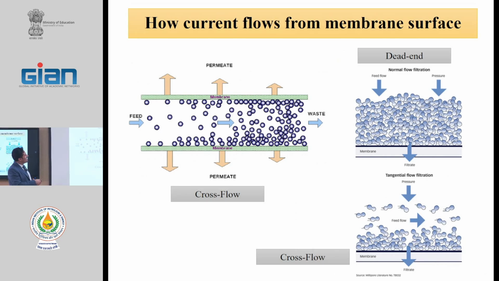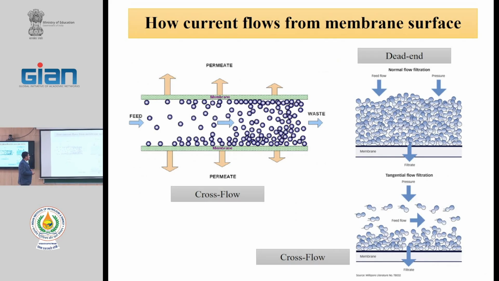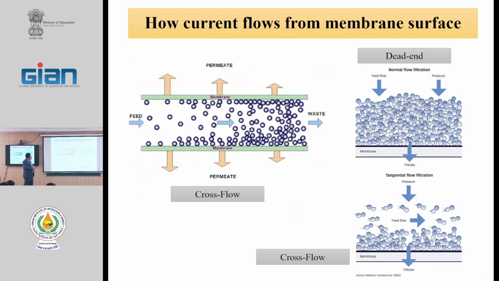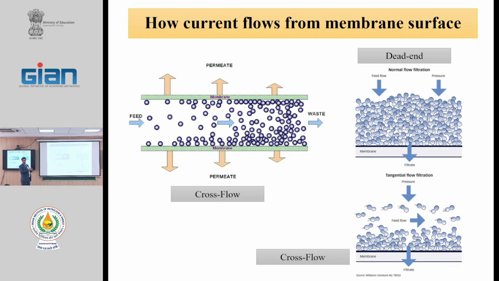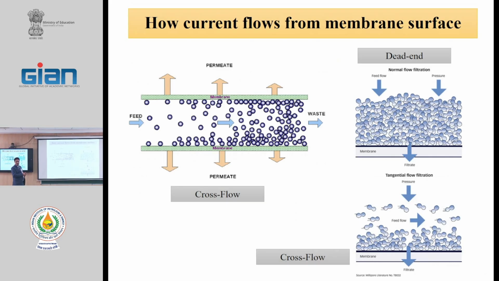This cake layer and gel layer increase membrane resistance because they act as a barrier layer that increases the membrane thickness. First, the solute should pass through this thick layer and then reach the main membrane. But in cross flow, the thickness of the concentration layer is low and the fouling is lower.